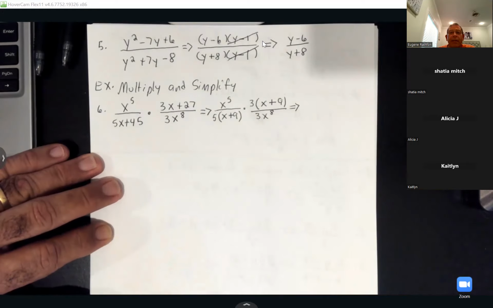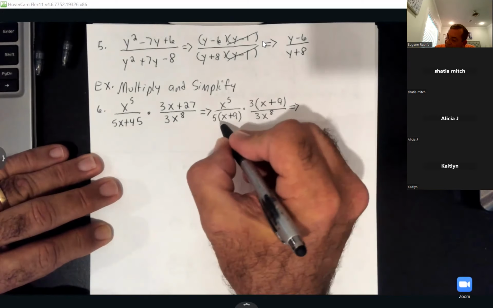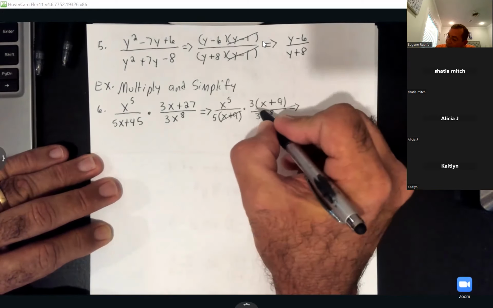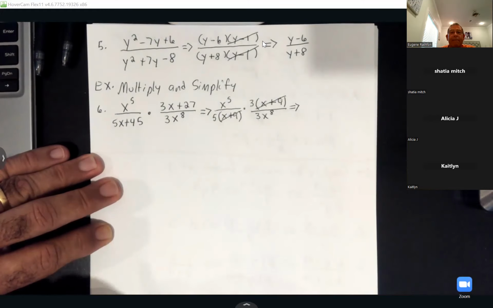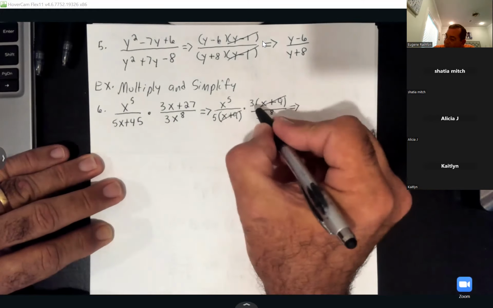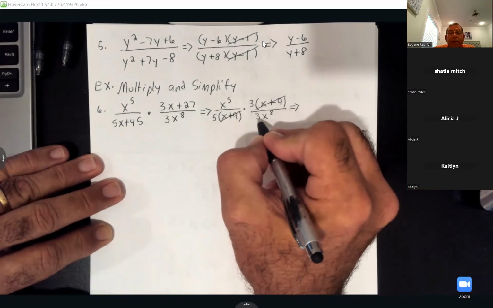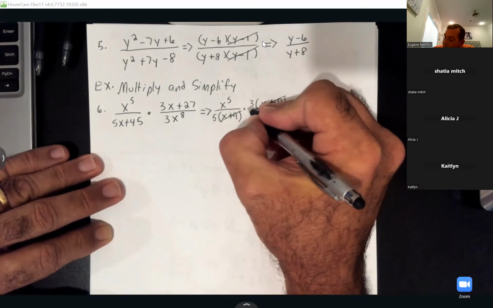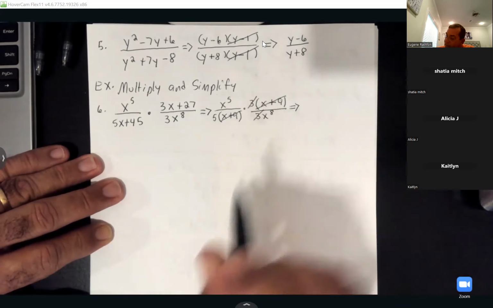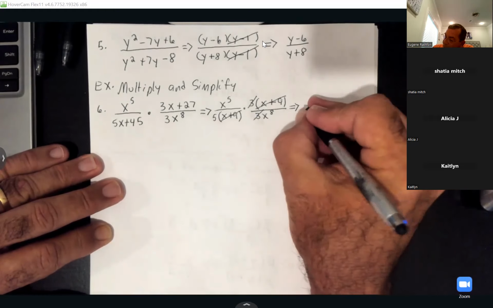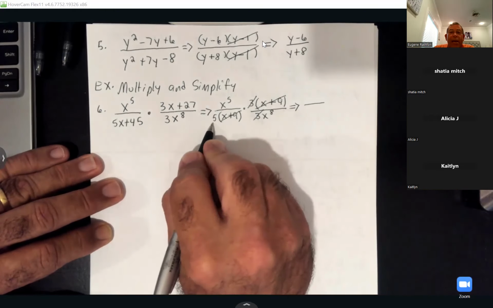So y'all, let's see. The x plus 9 right here will cancel with that x plus 9. This 3 will cancel with this 3. So no matter what, on the bottom, we're going to have a 5.